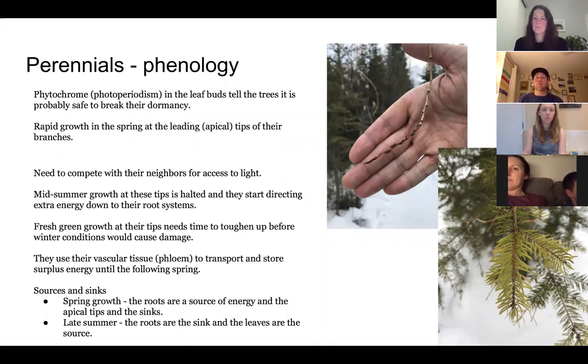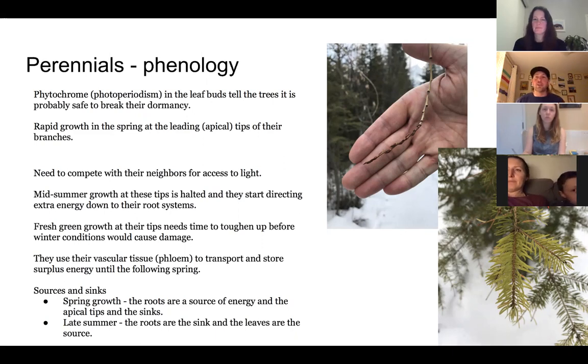They are competing with their neighboring trees for access to light. And so this competition is so intense that they actually grow faster and they use more energy at this point in the spring than they can actually photosynthesize in real time. And that doesn't really make any sense. Like, how can you grow faster than you're making your own energy?